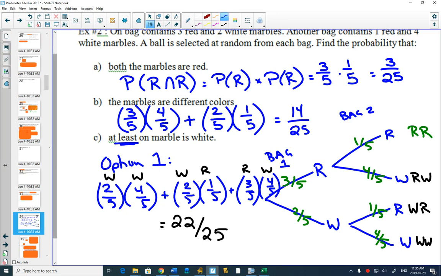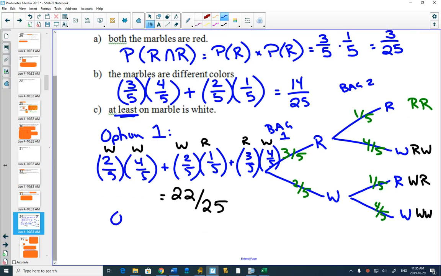Whenever a question says at least, sometimes it's easier to count the opposite. What's the opposite of at least one white? No white. No white would be 2 reds. So here's option 2 for solving this.